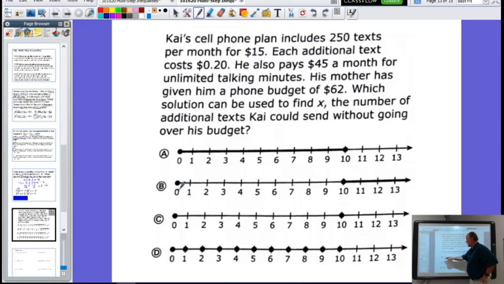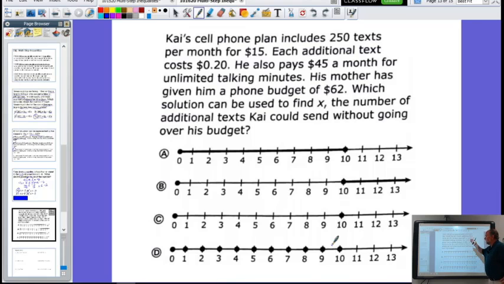This one says you could do 0 texts or 10 or more. Could you send all these texts right here in the middle of those? No. Okay, could we just send either 0 or send 10? No. Because what about 1, 2, 3, 4, and 5? Well, D down here says you could send 0 texts or 1 text or 2 or 3 or 4 or 5 or 6 or 7 or 8 or 9 or 10.